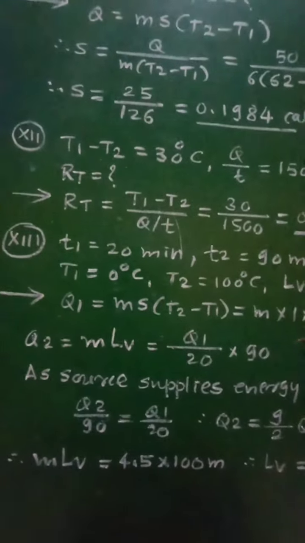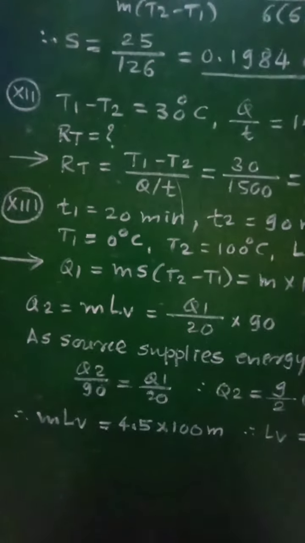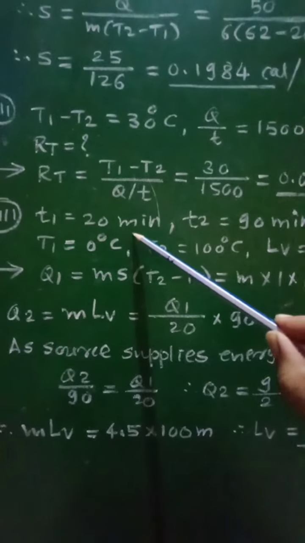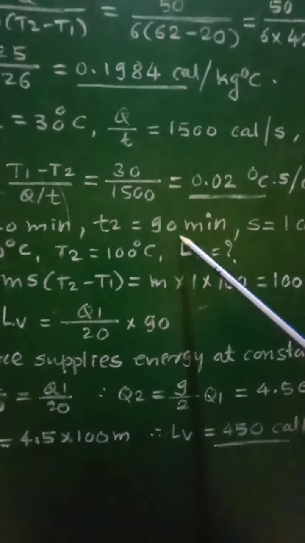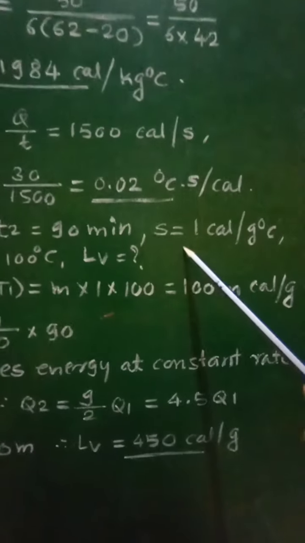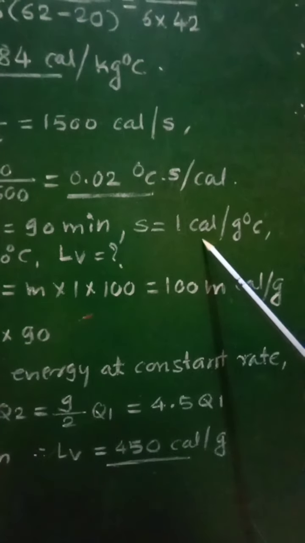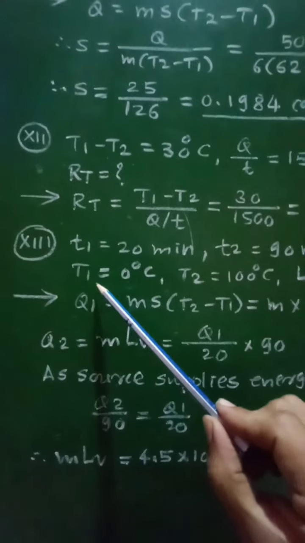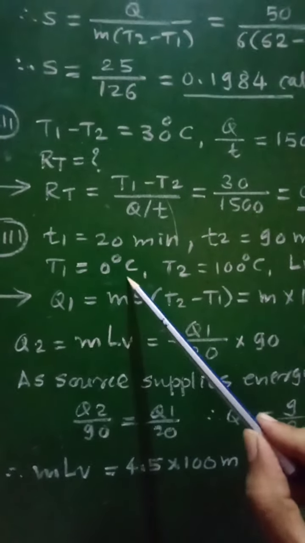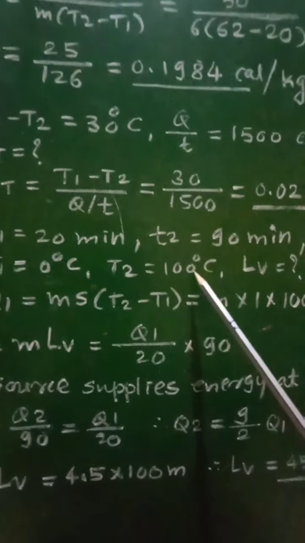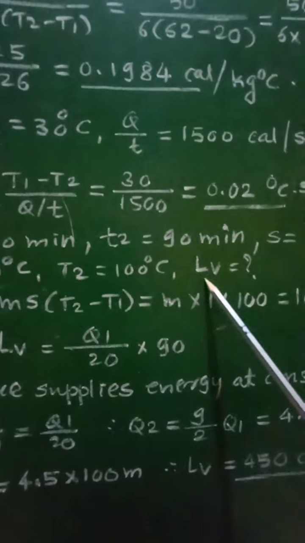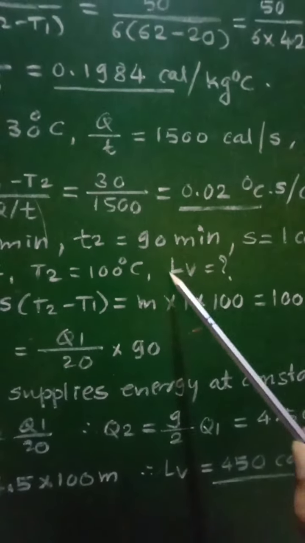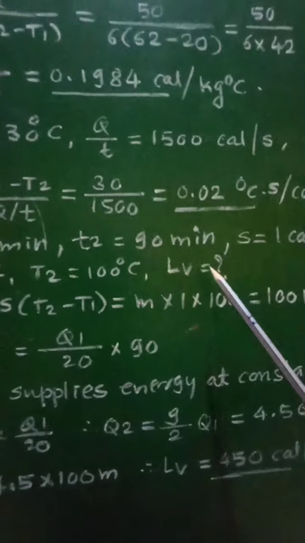And therefore for this numerical number 13, the given data is T1 is equal to 20 minutes, T2 is equal to 90 minutes, specific heat of water S is equal to 1 calorie per gram per degree Celsius, then temperature T1 is equal to 0 degrees Celsius, T2 will be equal to 100 degrees Celsius, and we have to find out the latent heat of vaporization LV.